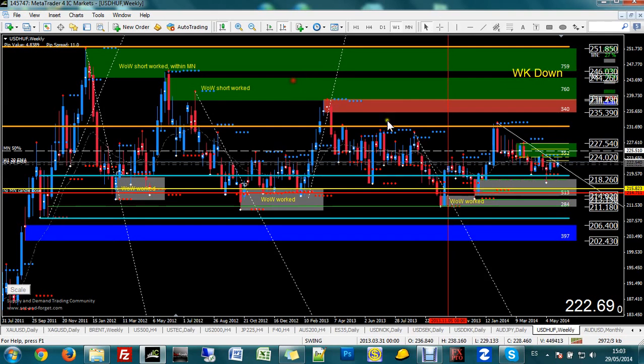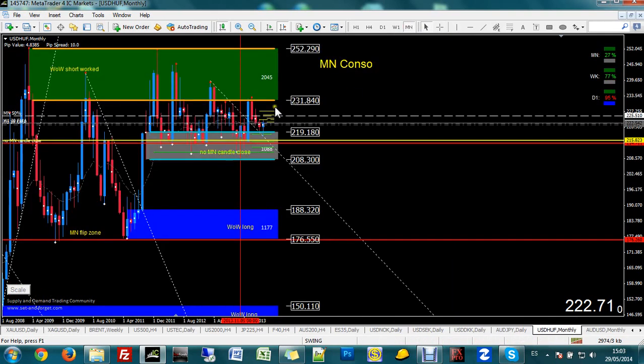confirmation. So when we have a higher time frame area like the monthly, we have to wait at least for a daily area of demand.